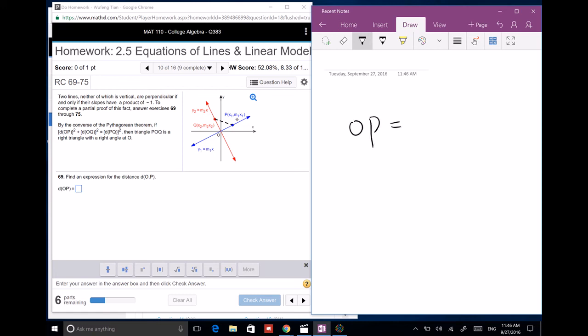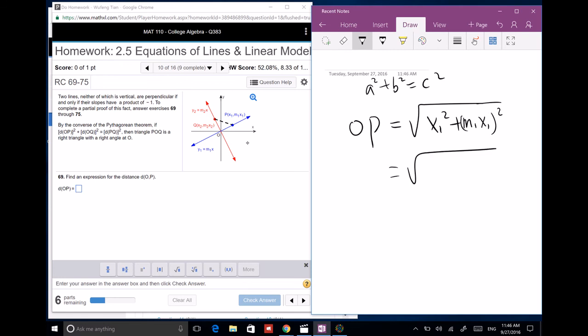For the distance formula, you can use the Pythagorean theorem, a squared plus b squared equals c squared. For the point P, the x coordinate is x1 squared, and the y coordinate is m1 x1 squared.